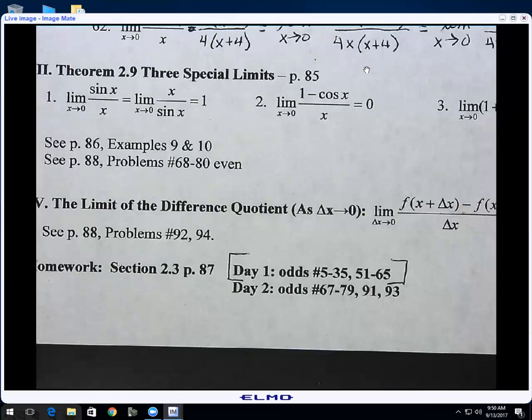Hey, real quick, what was 94? It was the same thing. Evaluate the limit, the difference quotient. Are you just asking what's the answer?